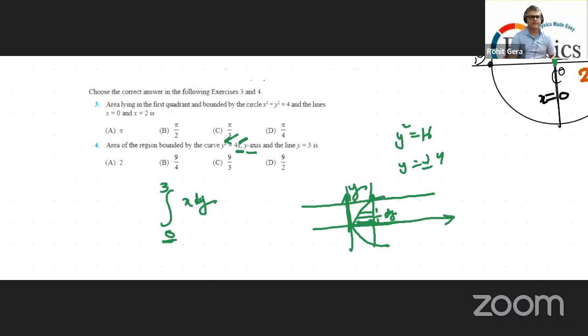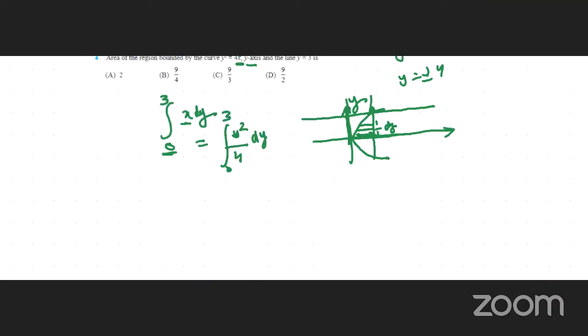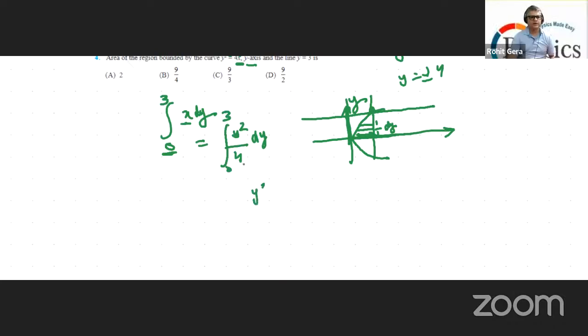And x I can find from here is equal to y square by 4. Then this is y cube by 12.